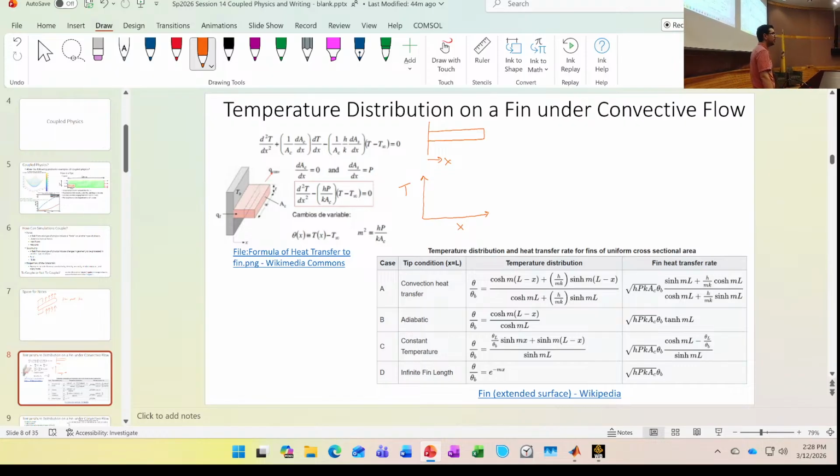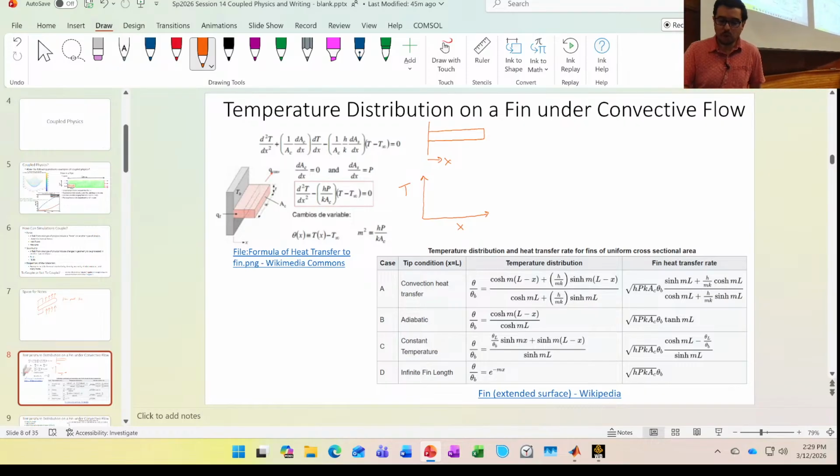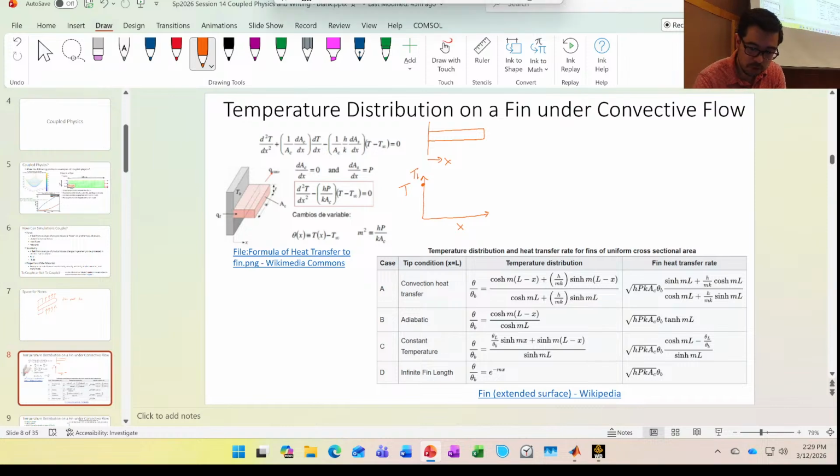Right, and this is, of course, assuming a few different things. One, you have some temperature at the base, so this is what people will call TB, the temperature at the base.